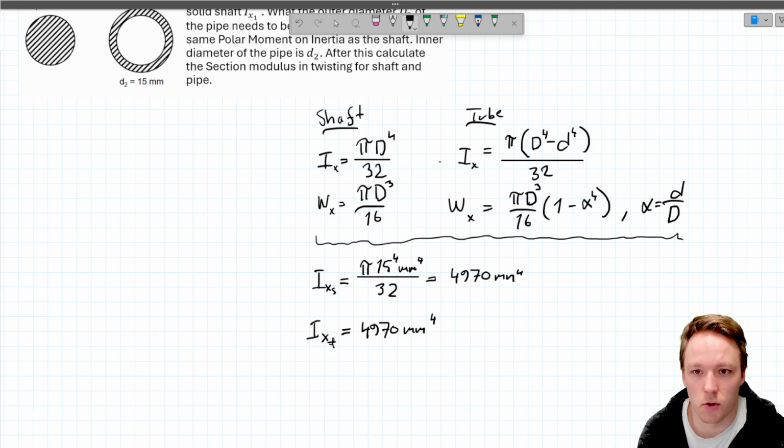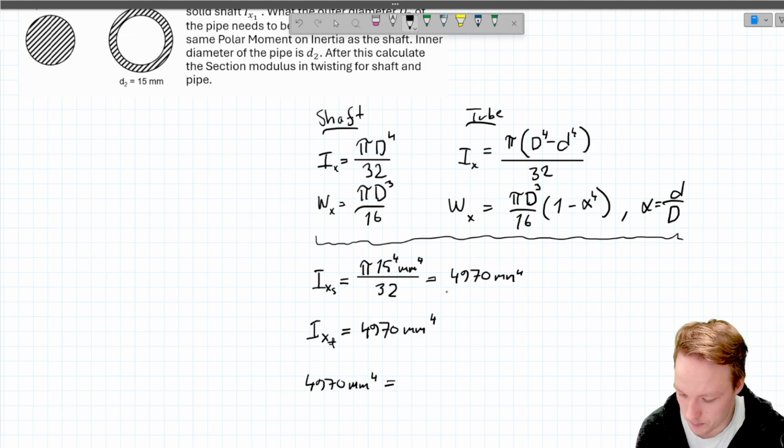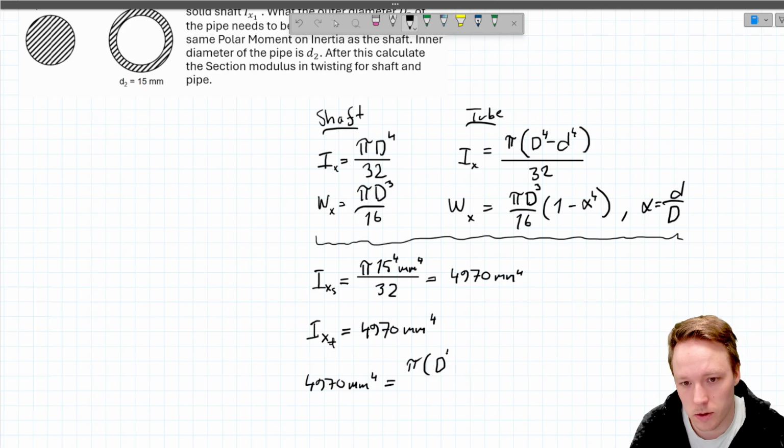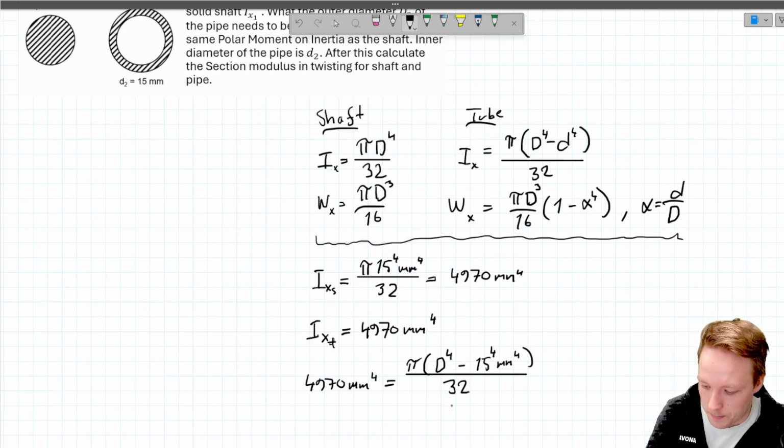So now using this formula from here, we can calculate that 4,970 has to be equal to pi times d to the power of 4, so we don't know the external diameter, minus 15 to the power of 4, divided by 32.